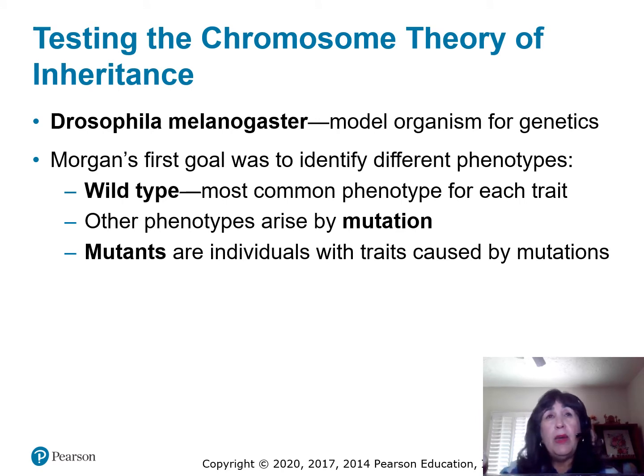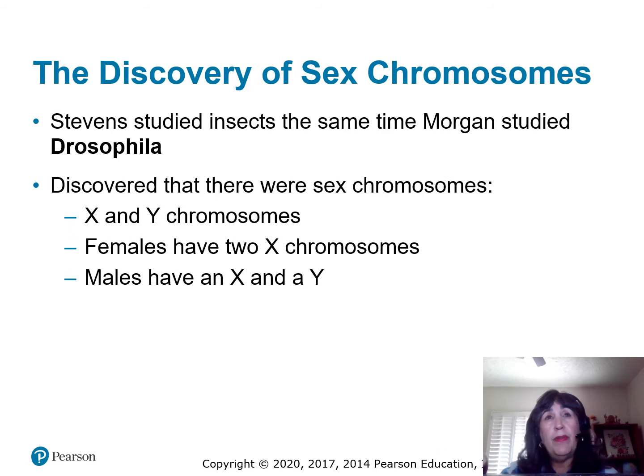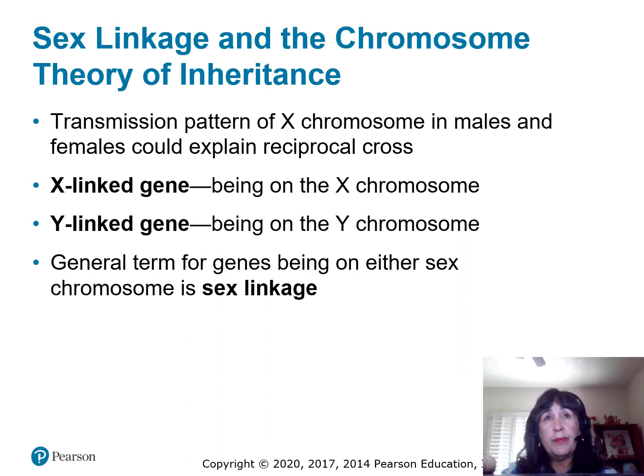So we won't look at wild types or mutants, so I'm going to pass this up. And we know we have sex chromosomes. It is important for you to know as students that 2 X's refer to a female, and an X and Y codes for a male. Now traits can be sex-linked, so you can have X-linked genes and Y-linked genes.